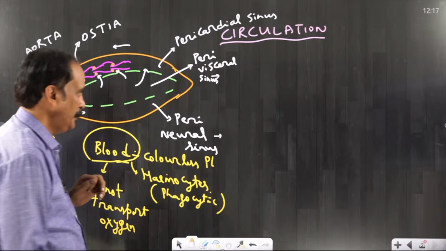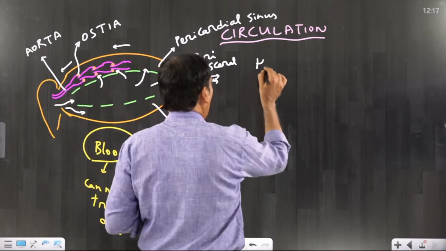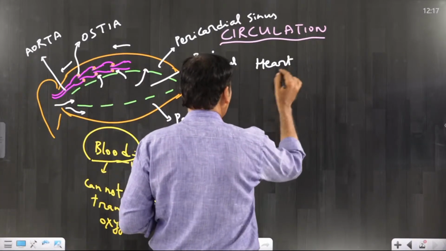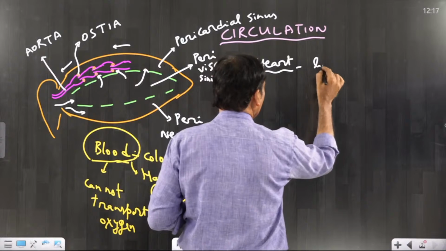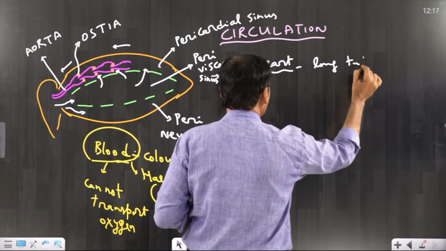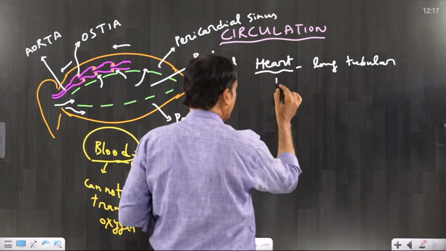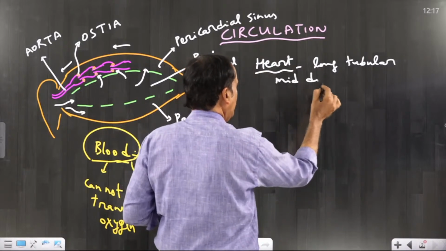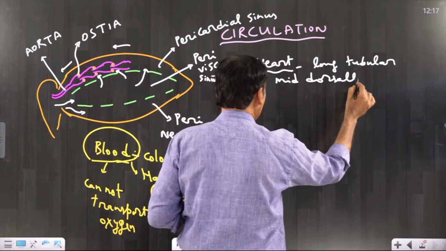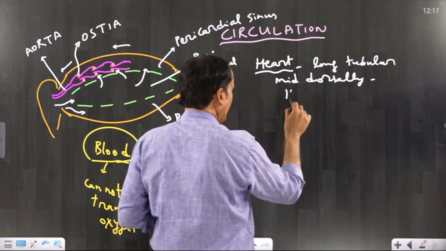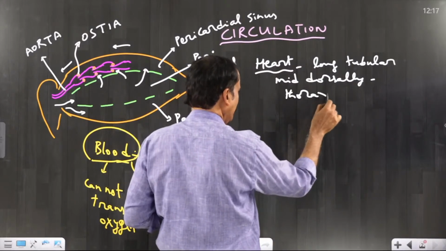Okay, so the heart is a long tubular structure present mid-dorsally in thorax and abdomen.